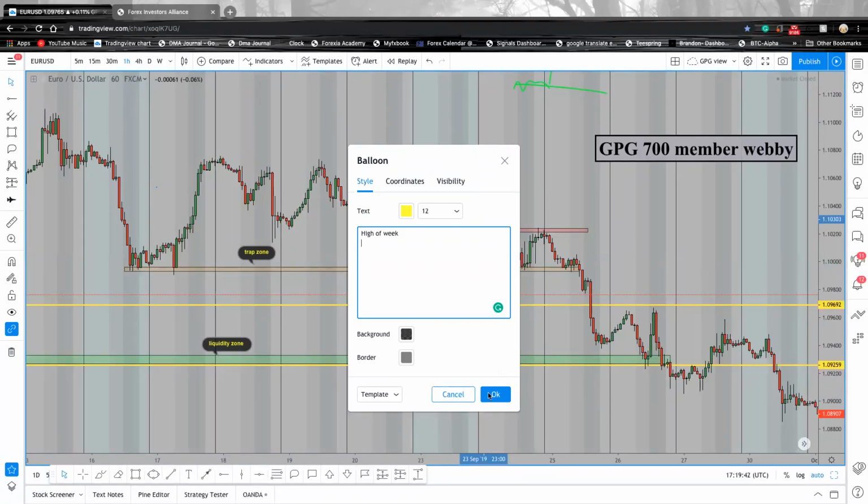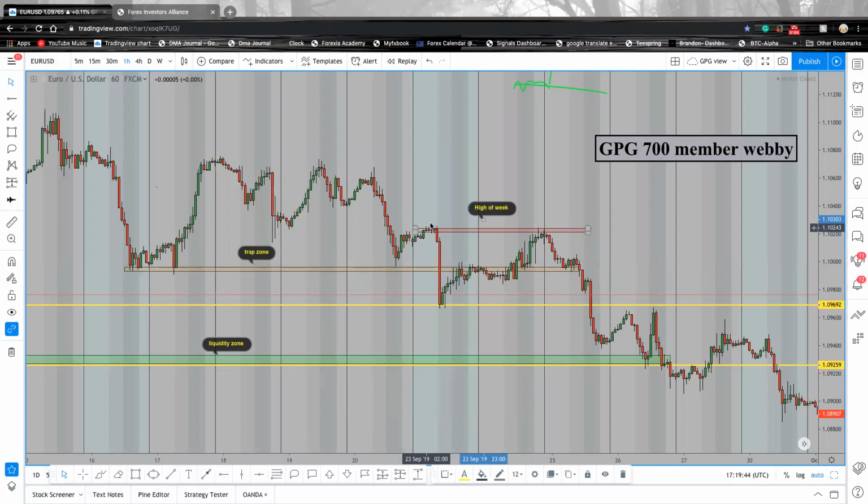High of week right here. You see Monday formed a high, grabbed the liquidity from this trap zone, and then came back above it, pushed to the high of the week. You all know what's going to happen around here. Spread will open up and then comes back down, traps more people, came to the liquidity.